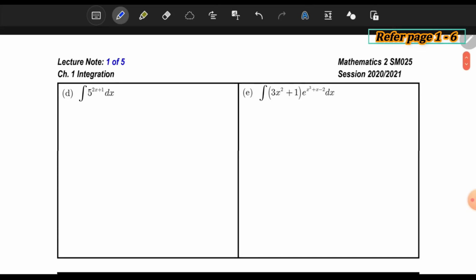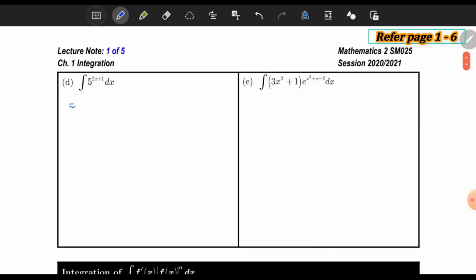Part D. Integral of 5 power of 2x plus 1 equal to 5 power of 2x plus 1. We can apply the rule directly because the power is a linear function. Divide by ln 5, ln base, times differentiate the power, which is 2, plus c.